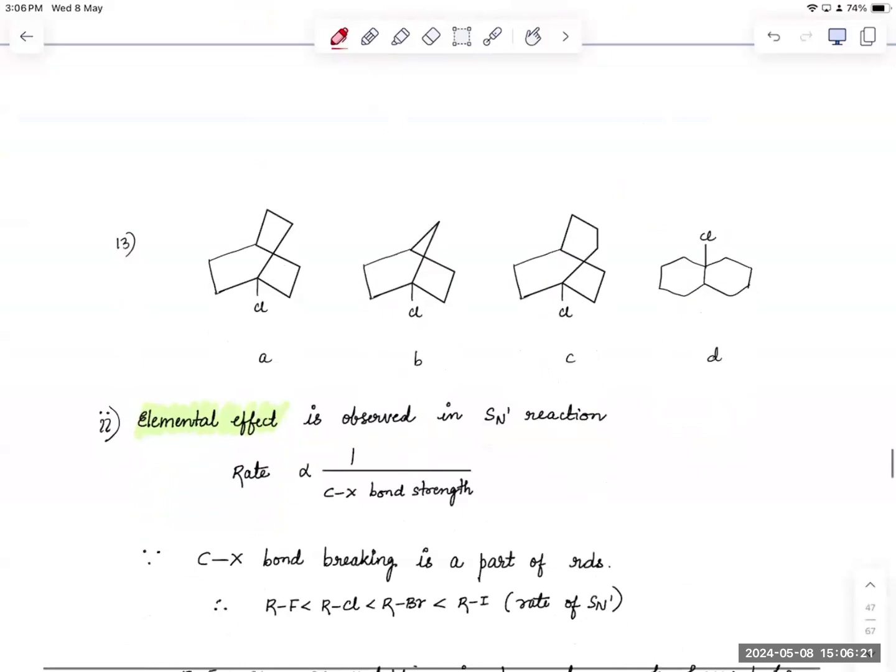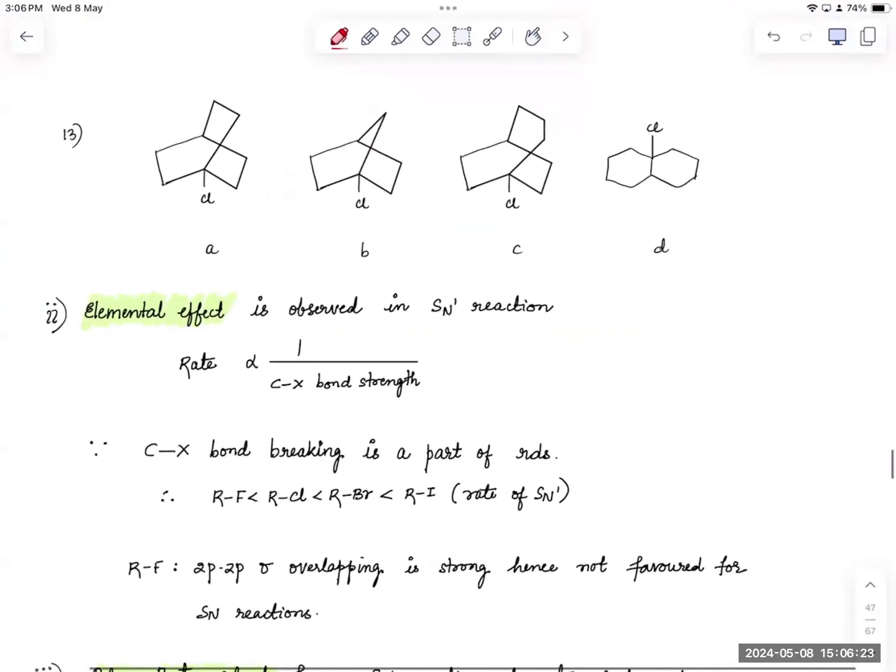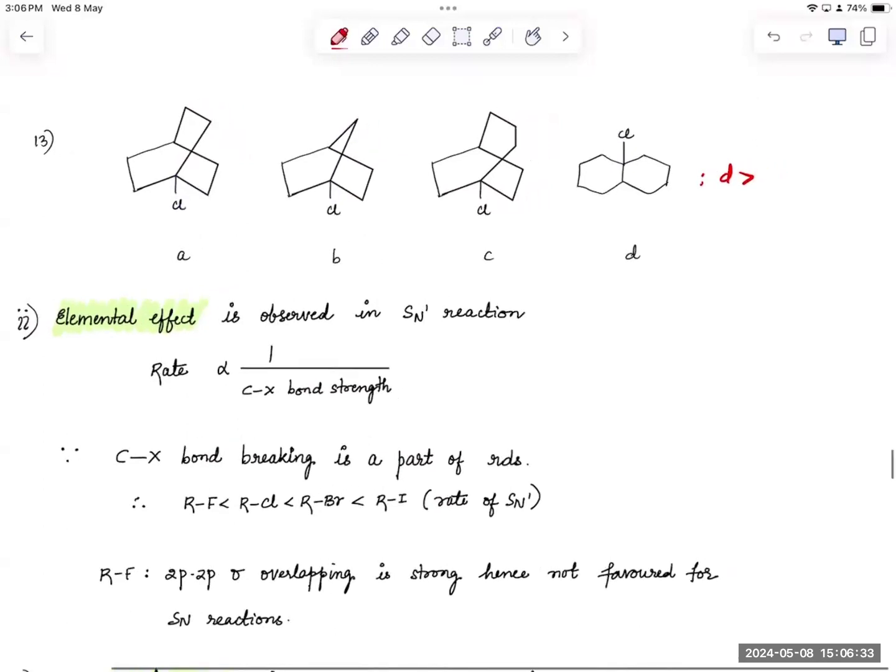Done. Check out the 13th one. The 13th one, this is also bridged, and this is non-bridged. So here the carbocation stability is very good because it is tertiary. Now between these three, that bridge which has fewer carbons will have more strain. A more strained carbon will be difficult to convert to a carbocation.